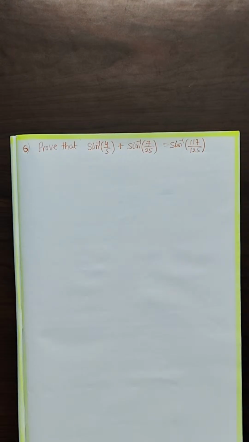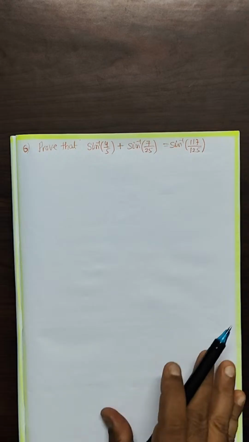Whenever everything is in terms of sine inverse, it is better to take the LHS values alpha, beta, or a, b, and convert into the sine of a plus b formula.